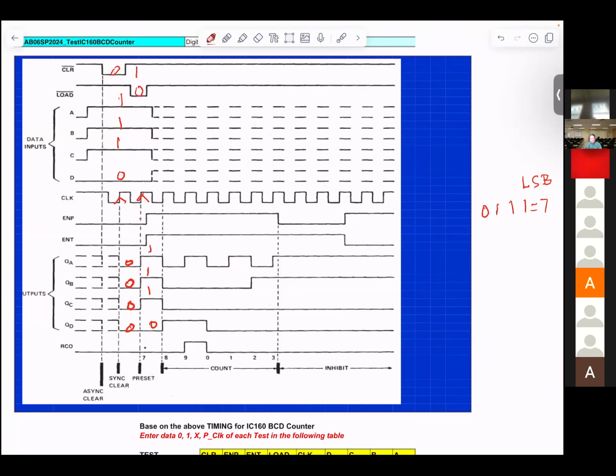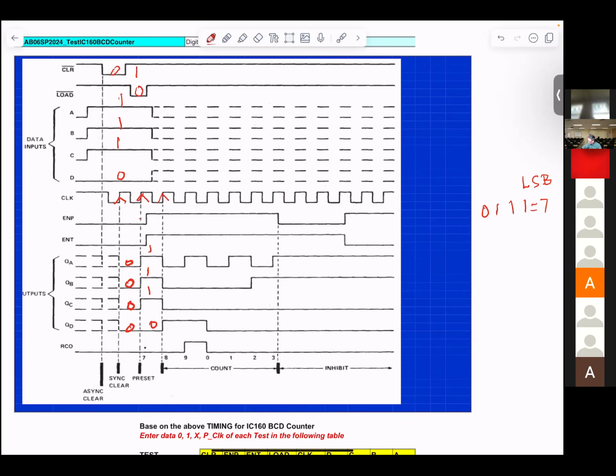So for any activity on this IC, they're asking for the transition of the clock going 0 to 1. Okay? So now you start counting. Each time you want to count.